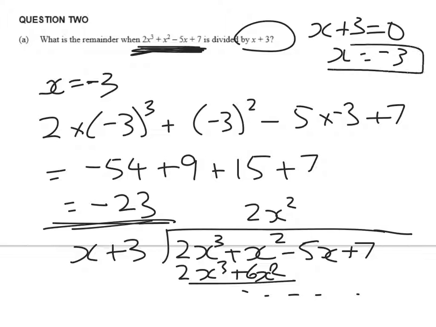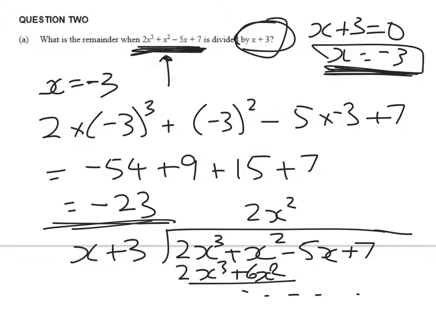So we'll evaluate the expression when x is equal to -3. Right, so remember the factor theorem says that if x plus 3 is a factor, then when I substitute in x equals -3, this will work out to be 0. Okay, that's me getting off topic, sorry about that.